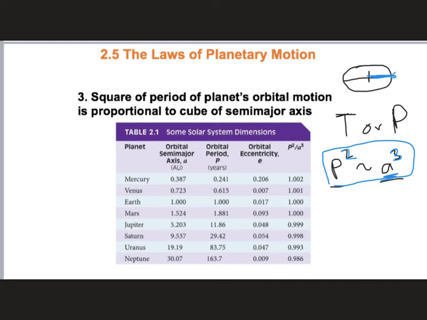And here's Kepler coming and looking at all this data that Tycho Brahe had collected for years and years, and he was able to suss out these mathematical relationships and prove that mathematics can be used to understand nature. That was huge, because nature seemed random until people were able to put math to it.